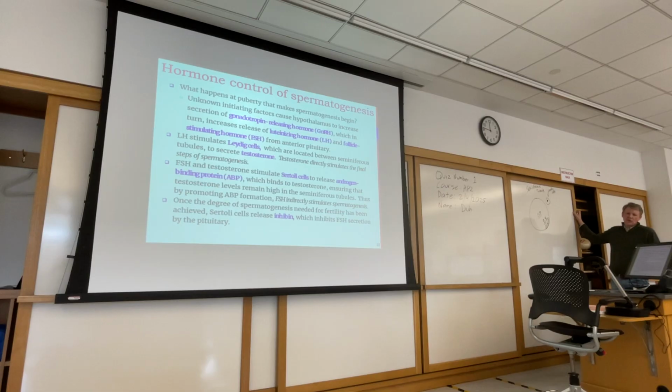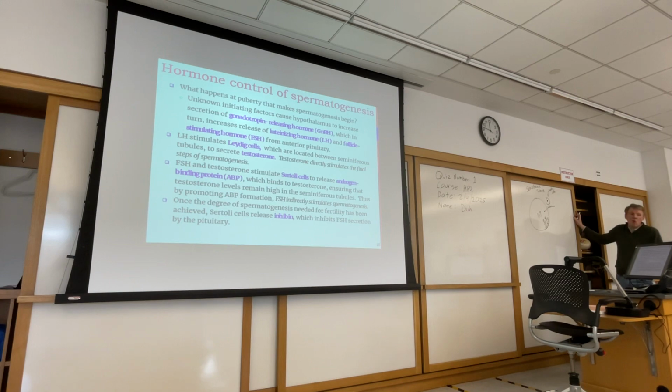Because testosterone is lipid soluble, these guys produce the testosterone, and it has no problem getting through the membrane that surrounds the outside of the seminiferous tubule. So some of this testosterone will go into the tubule where the sperm are developing.